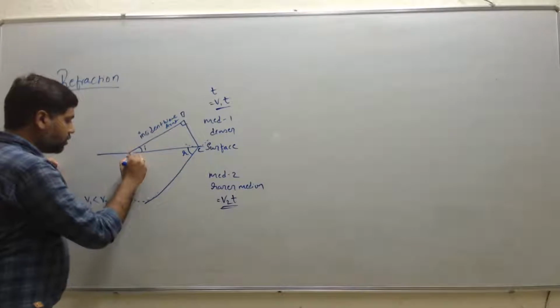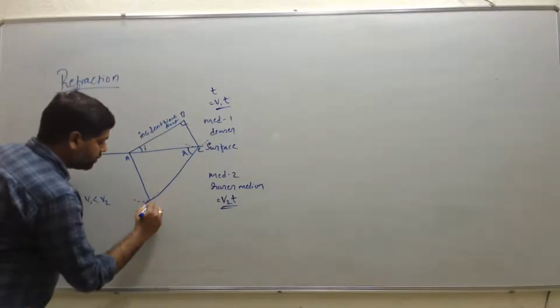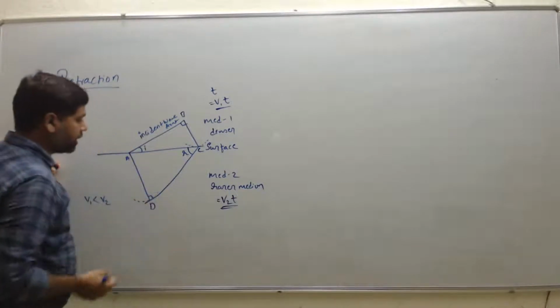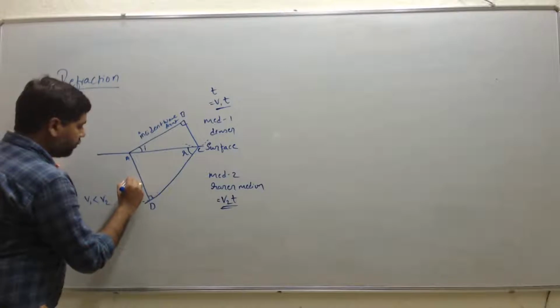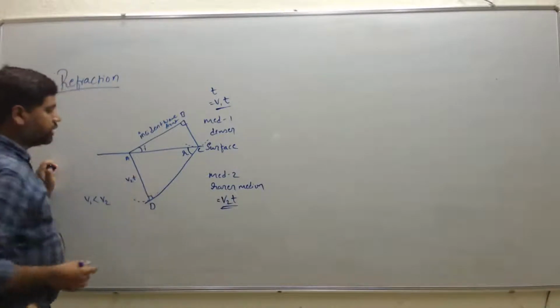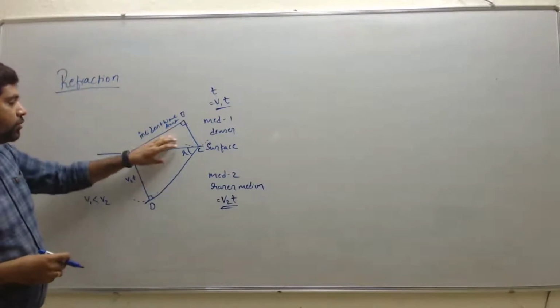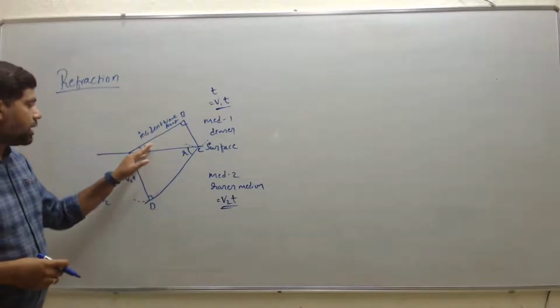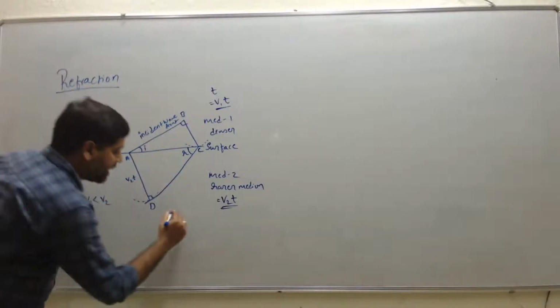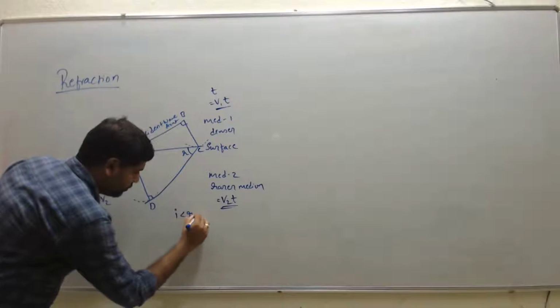Here if I draw the perpendicular, this becomes D, with distance v2 t.